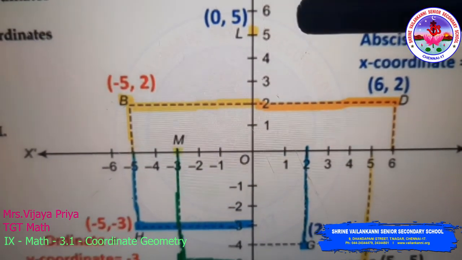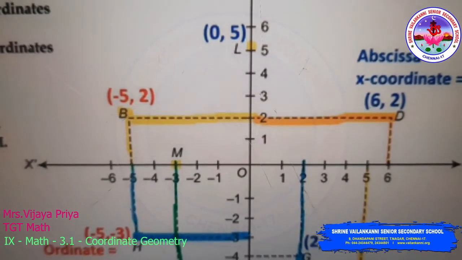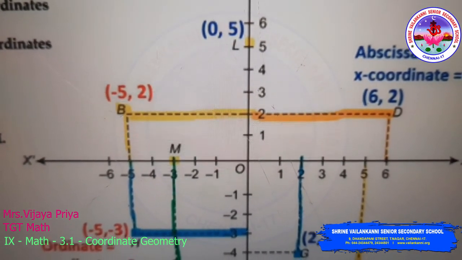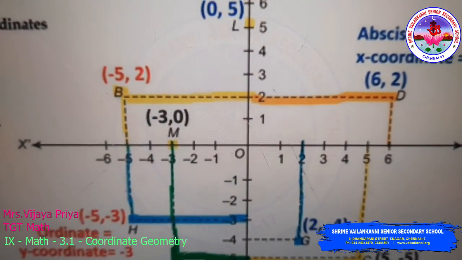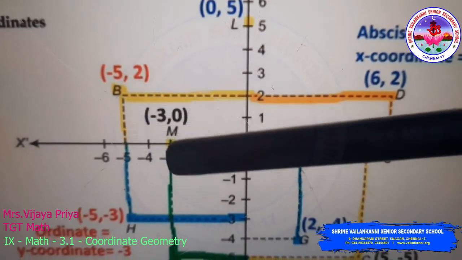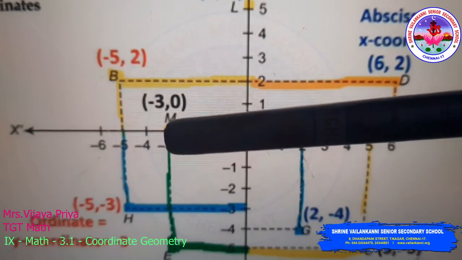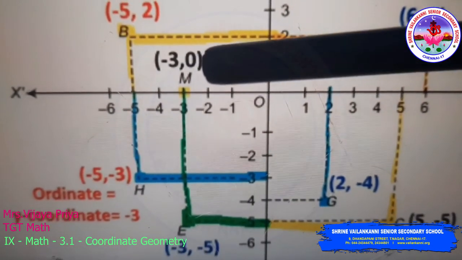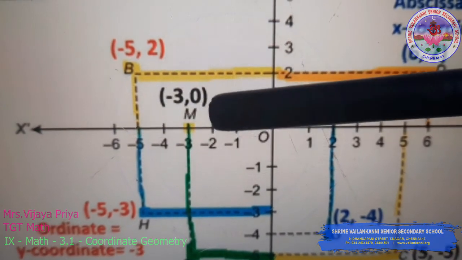The y value is 5, so the coordinates of L are 0, 5. Now coming to the eighth subdivision, he needs the coordinates of M. Since it lies on the x-axis, its y value must be 0. So the coordinates of M are -3, 0.